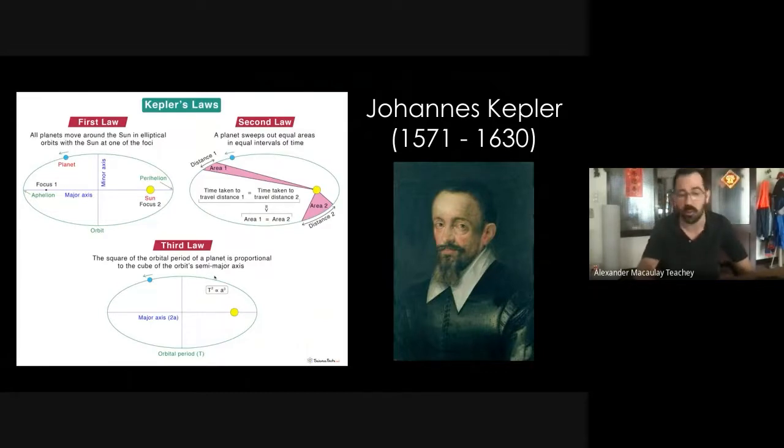And then Kepler's third law, very important: the period of the orbit squared is proportional to the semi-major axis cubed. This is the major axis here, the long axis of the ellipse, and so the semi-major axis is half that. I always think about that in terms of Jupiter, actually.